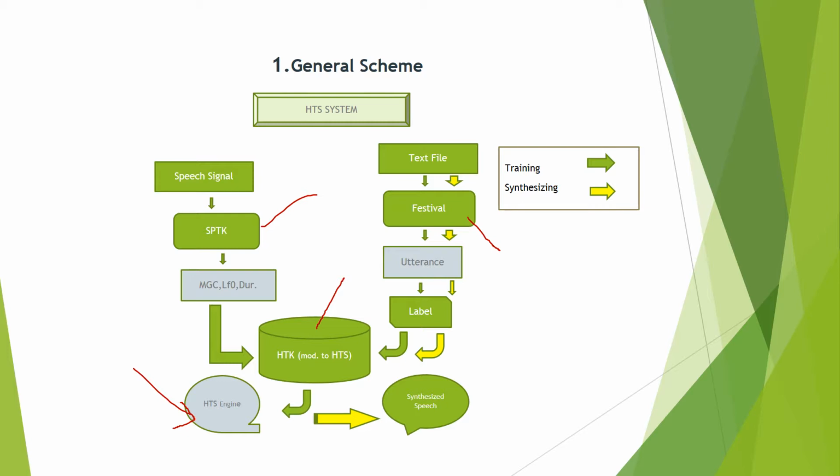That label file basically decomposes the utterance into its different phonemes. So we can indicate to the system which phonemes are going to be used to synthesize a certain phrase.